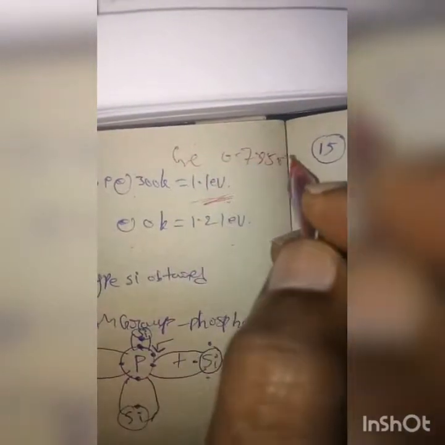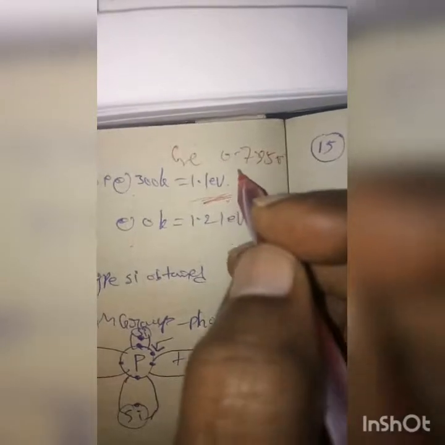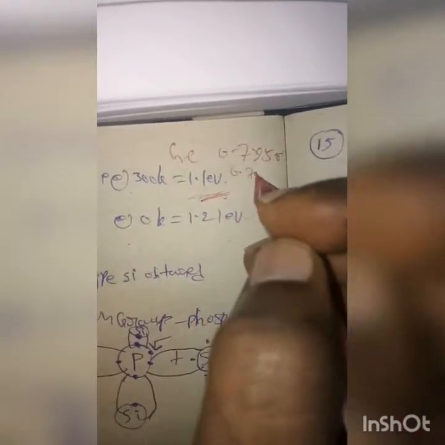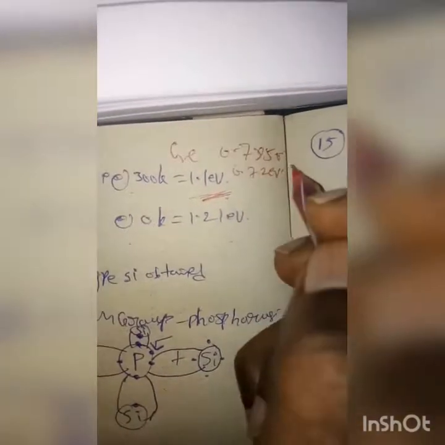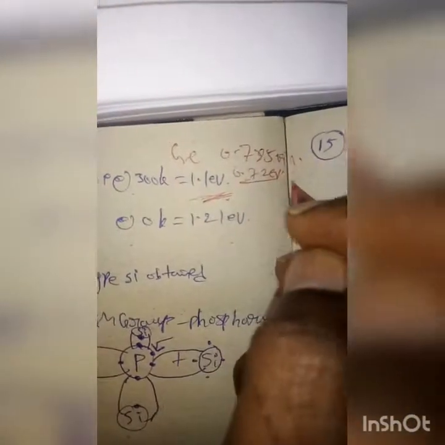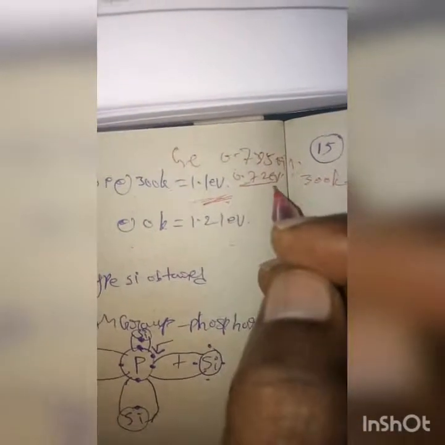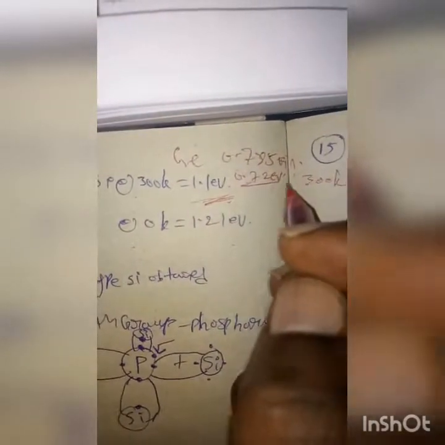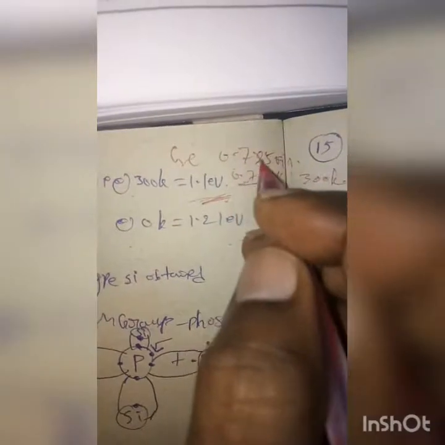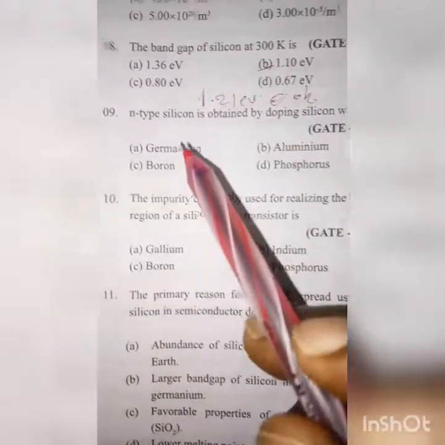What about at room temperature? 0.72 electron volts, at room temperature 300 Kelvin, and 0.785 at 0 Kelvin. So remember this, it is important.